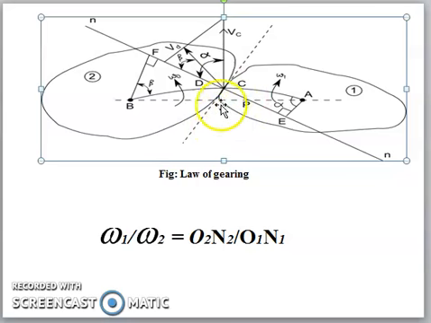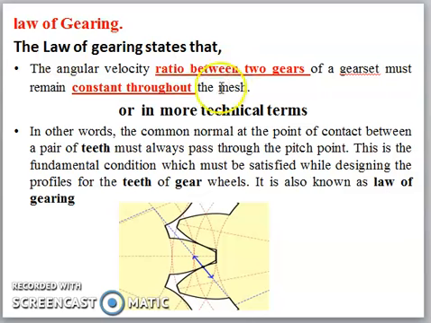Gear A rotates about a fixed axis A, and gear B rotates about a fixed axis B. As already said, the angular velocity ratio between the two gears of a gear set must remain constant throughout the mesh. So this bluish line shows the exact definition of the law of gearing.